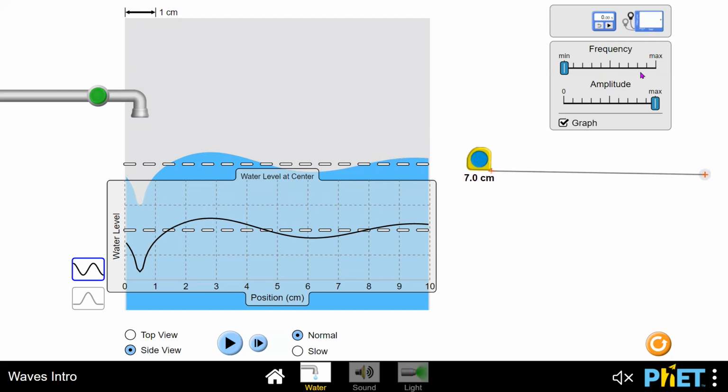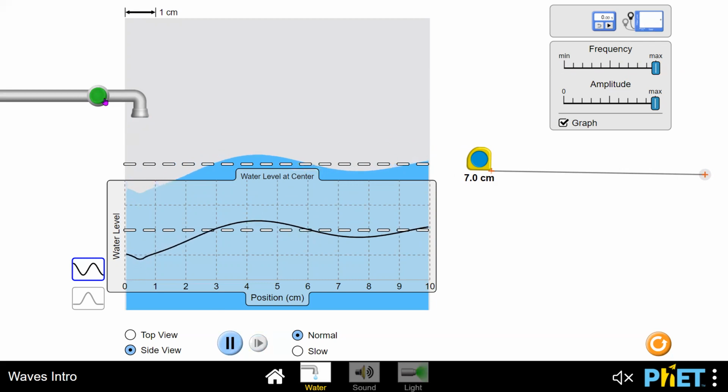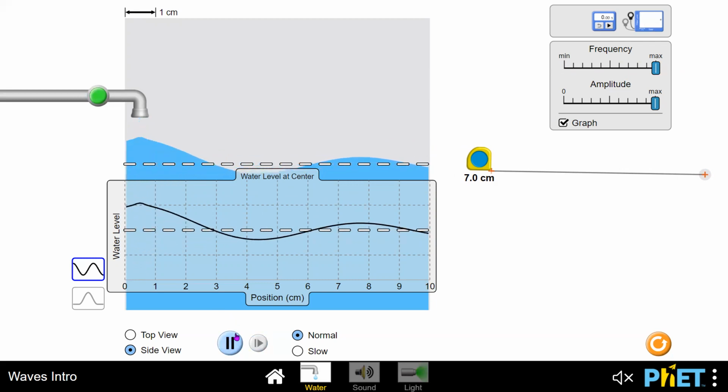If I keep it here and increase the frequency of this wave, set it to maximum, and try again. Okay.